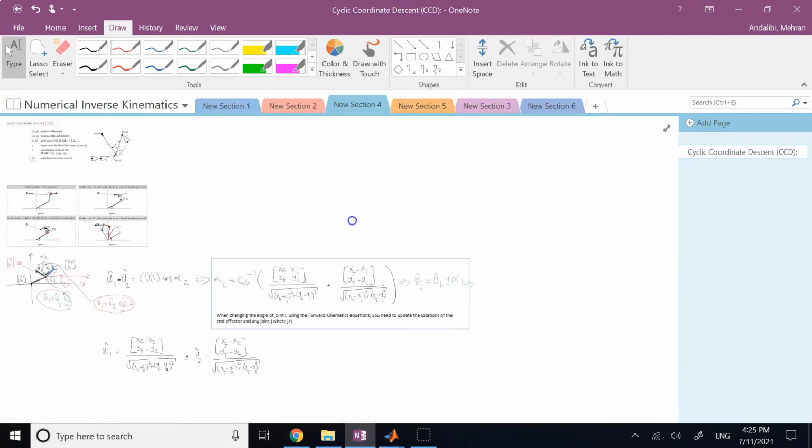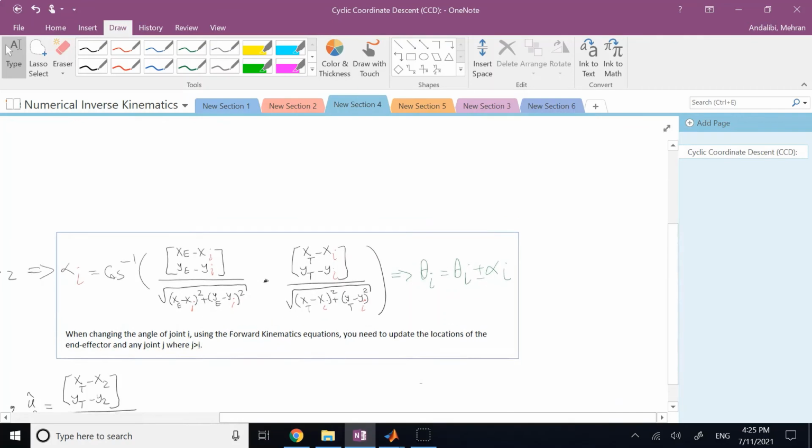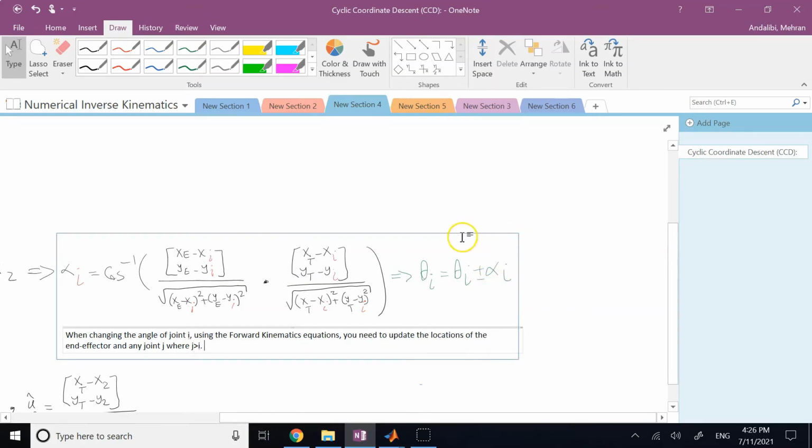So instead of saying plus or minus alpha, I can write it a little bit fancier for you. And let's see if I can grab this and extend it. Hopefully, there we go. So I can write it like this. It is going to be plus the sine of U1 cross U2 times alpha I. Okay?